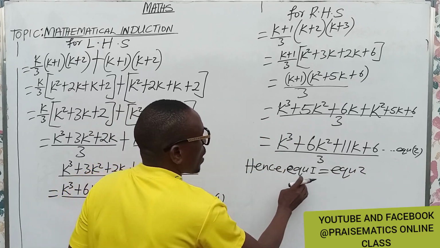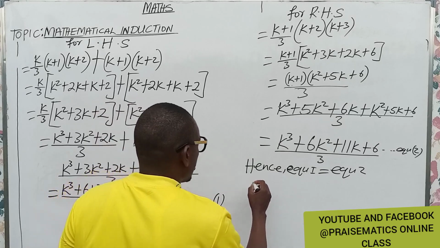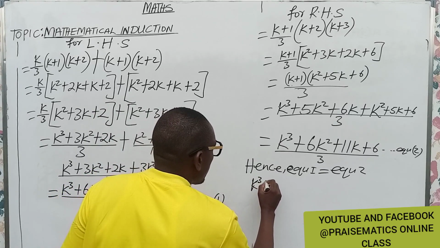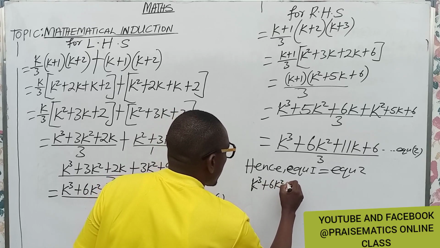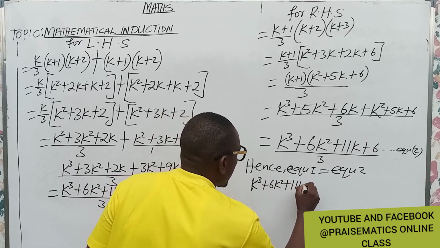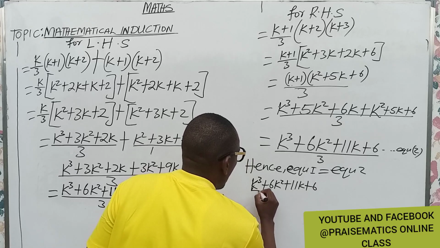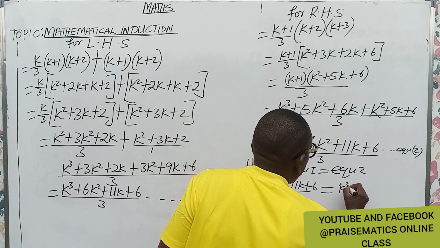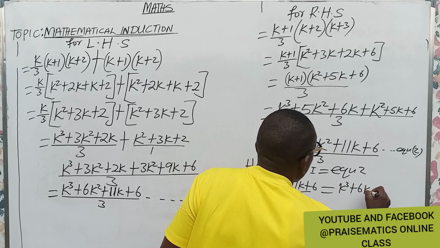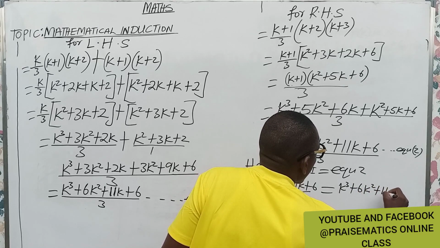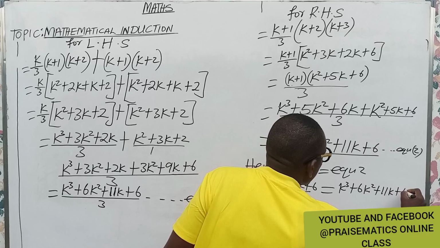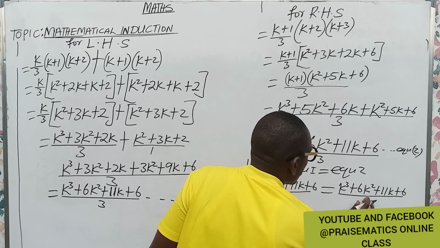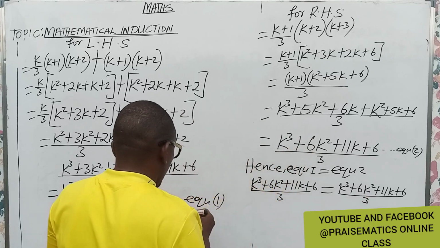Now, so far equation 1 is equal to equation 2, that is k power 3 plus 6k square plus 11k plus 6 all over 3 is equal to the same k power 3 plus 6k square plus 11k plus 6 all over 3.